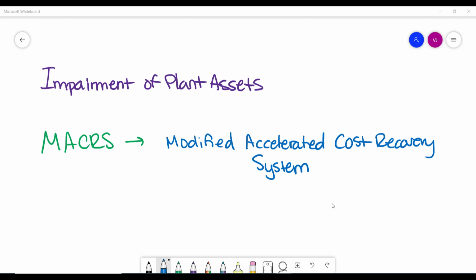It's a little bit more complex than the other methods. I just want everyone to at least be aware of this method, which is really common for income tax returns. Depending on what kind of asset it is under this method, how those assets are depreciated will be dictated under this system.